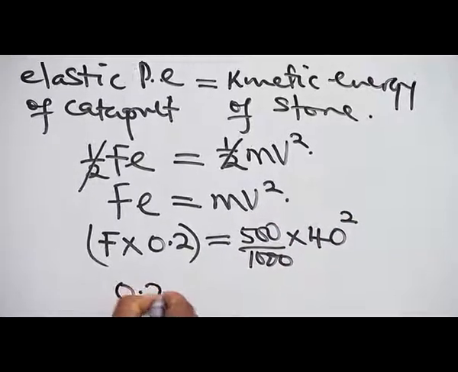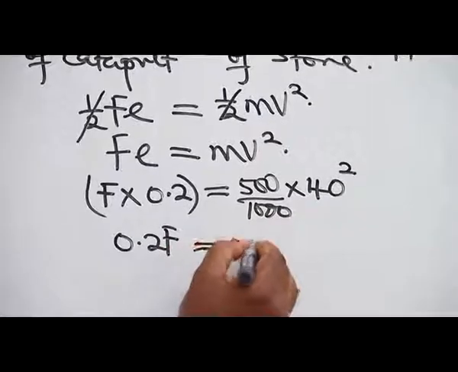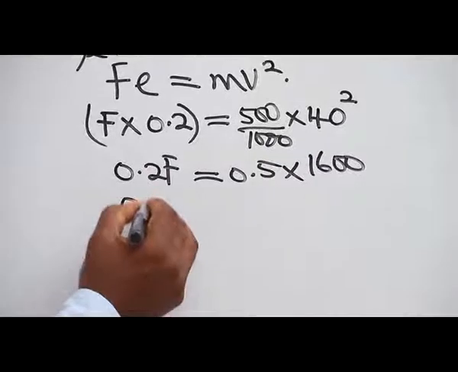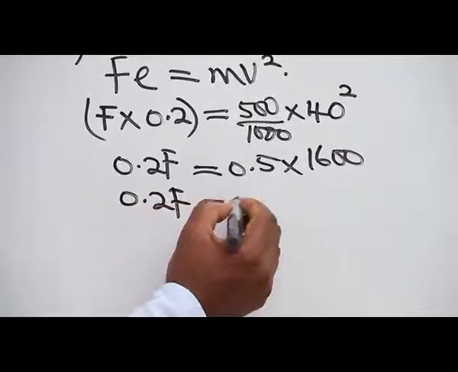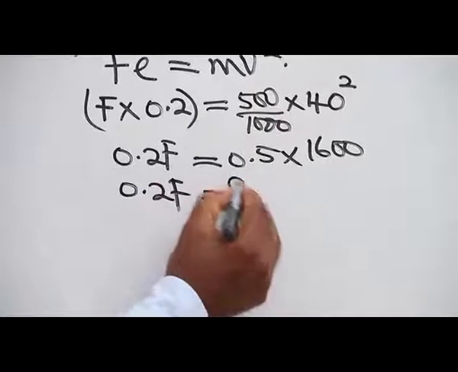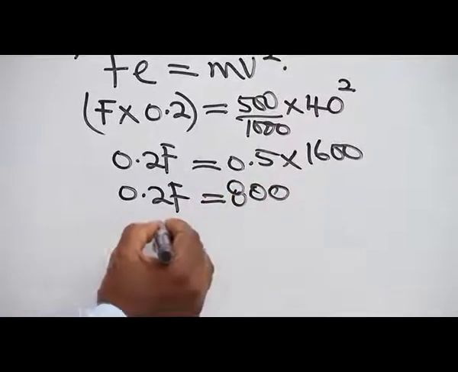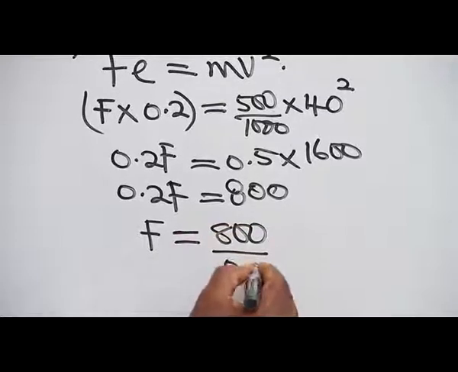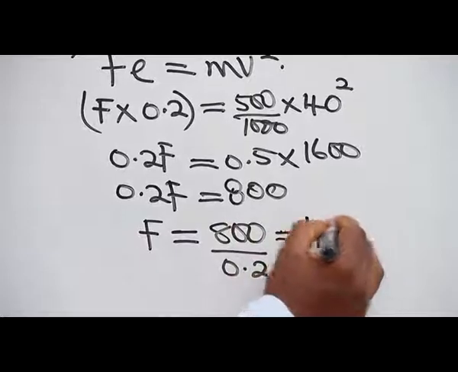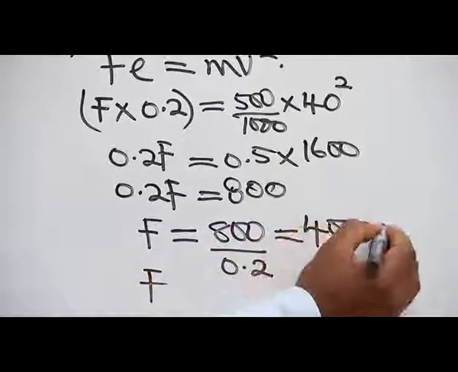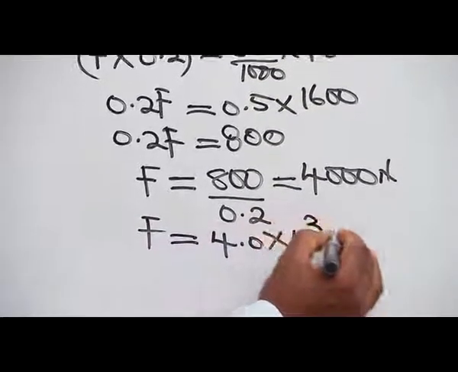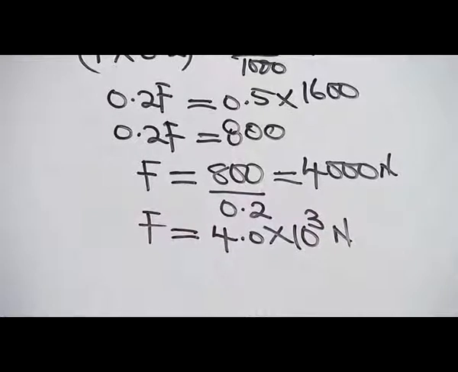So we have 0.2 F will give me 0.5 times 1600. 0.2 F will give me 800. So the force applied is 800 divided by 0.2. That will give us 4000 Newton, which is the same thing as 4.0 times 10 raised to power 3 Newton. By this, option B is correct.